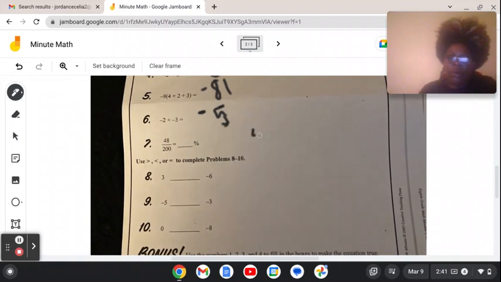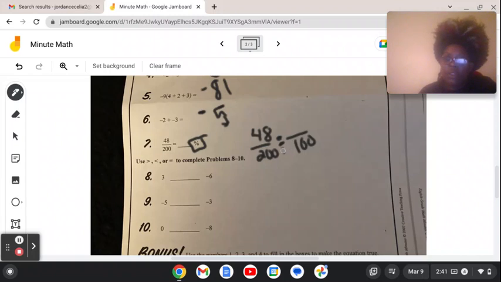48 over 200 is what percent? The kiddos have been taught, or should know, that percent means out of 100, some number out of 100. So now we've got these two fractions equivalent to one another. 200 divided by what will give me 100?